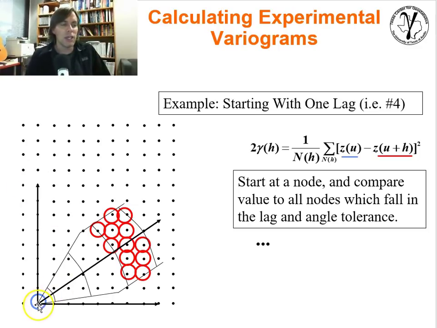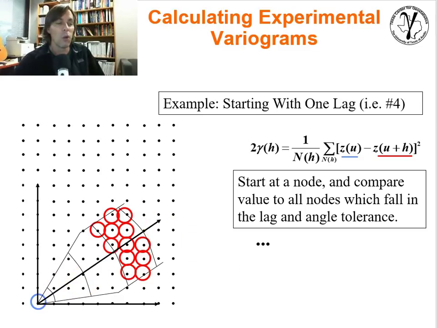And so we position our template, and now we're trying to identify, this is the tail, what are all the possible head values that could be compared with the tail value. For each one of those red circles, that's another pair, tail, head, tail, head, tail, head, that are going to inform the fourth lag bin in this direction.